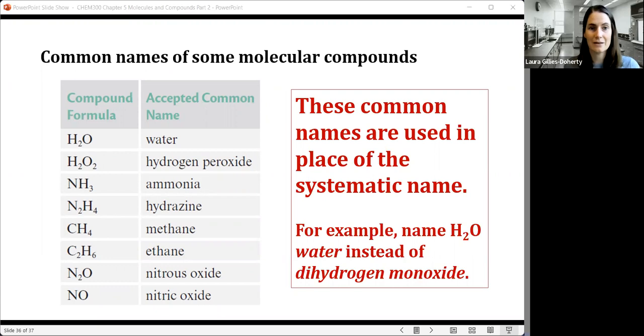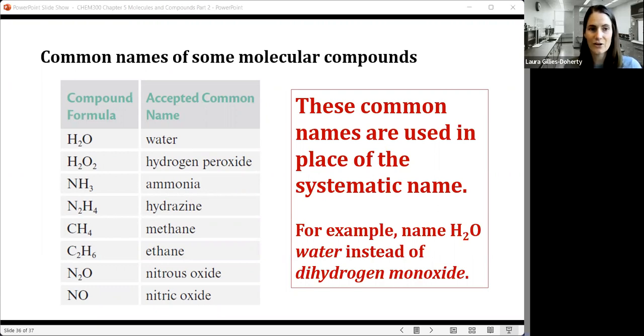The IUPAC name would be dihydrogen dioxide, but we just commonly call that hydrogen peroxide. NH3, nitrogen trihydride, is actually called ammonia commonly. Hydrazine is N2H4. The IUPAC name for that would be dinitrogen tetrahydride, but we just commonly call it hydrazine.